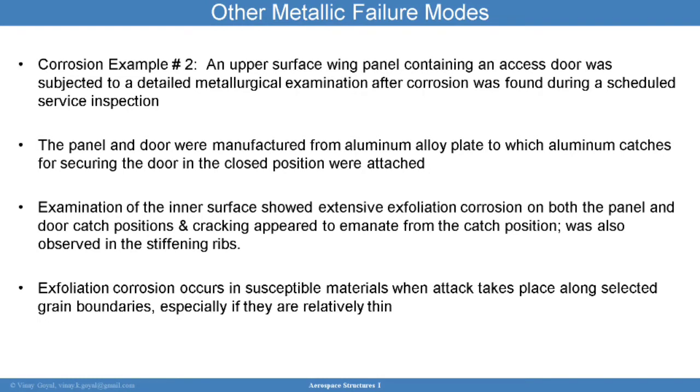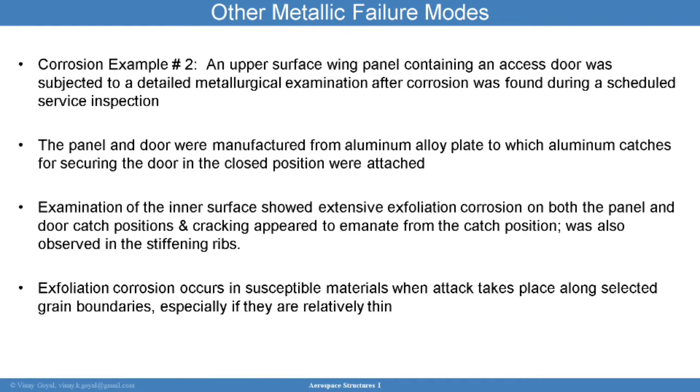Corrosion example number two, what we're talking about here is an upper surface wing panel that contains an access door, and that was subjected to a detailed metallurgic examination after corrosion was found during a scheduled service inspection. The thing I want to point out is that pilots very often walk around the airplane, and they do that before every flight.